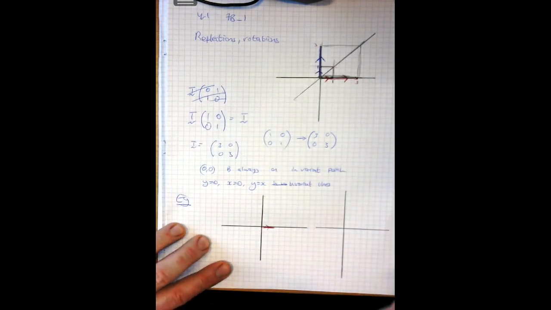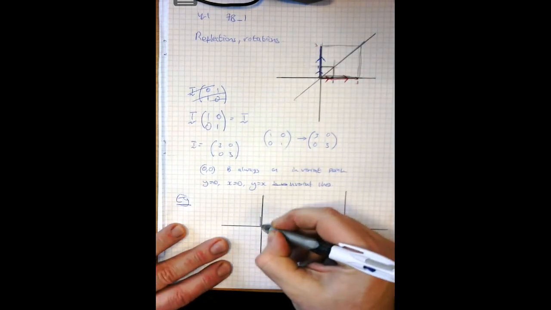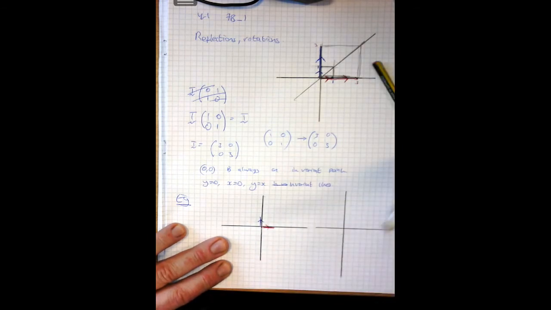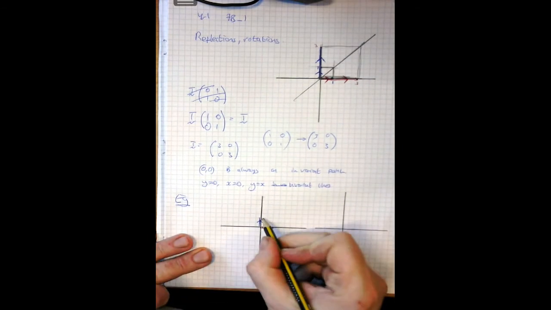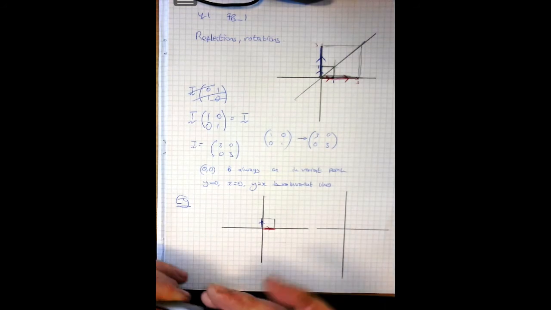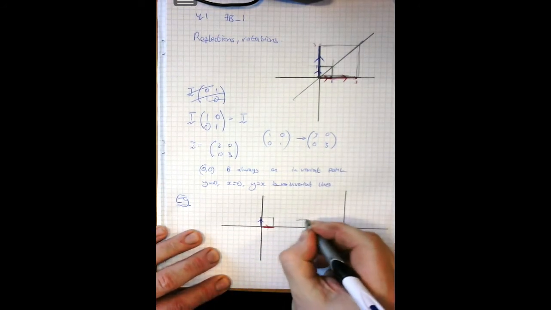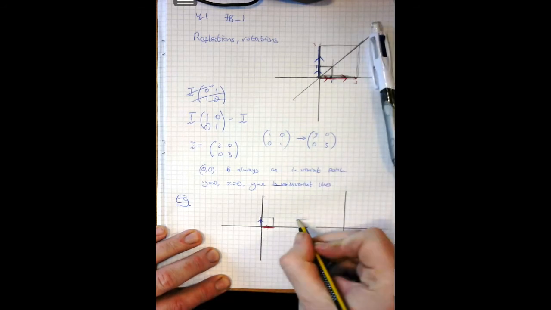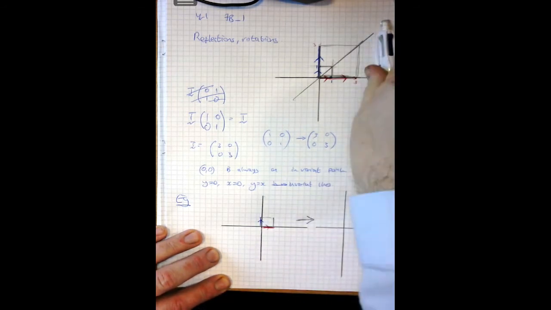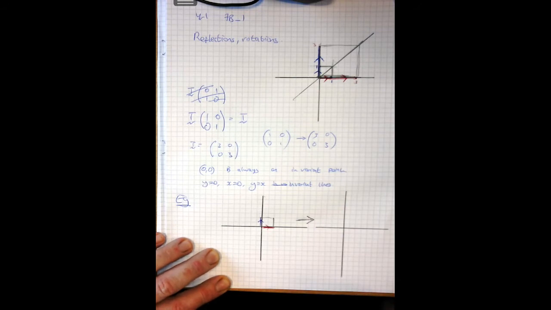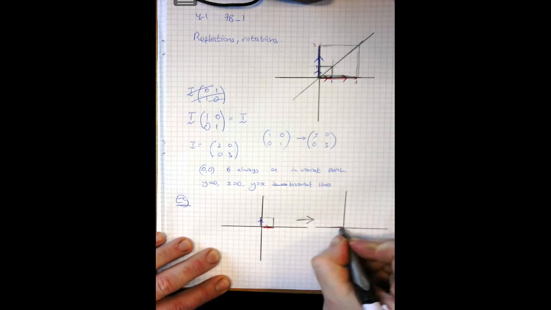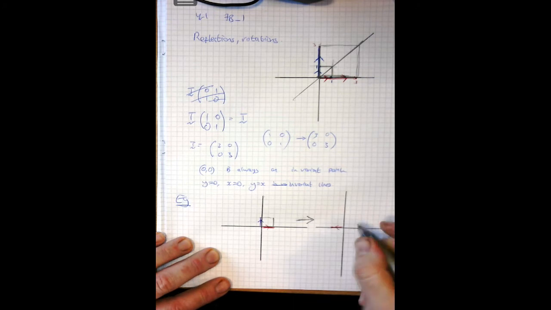So my unit square, 1, 0, 0, 1. There's the square. It has been transformed to minus 1, 0, 0, 1. There it goes there.